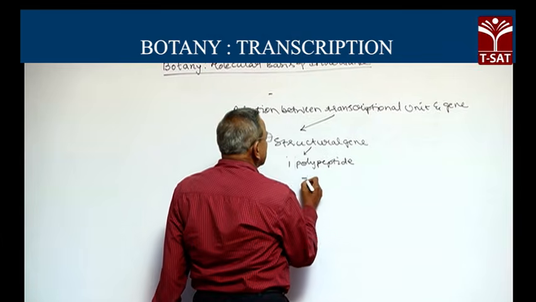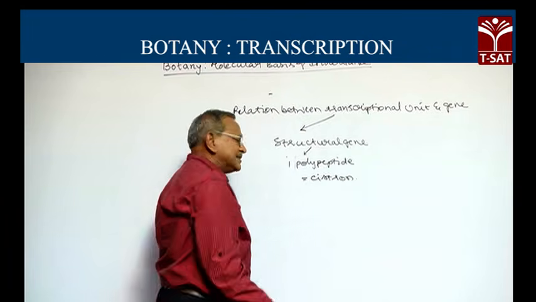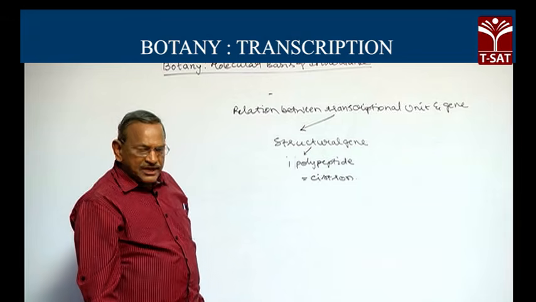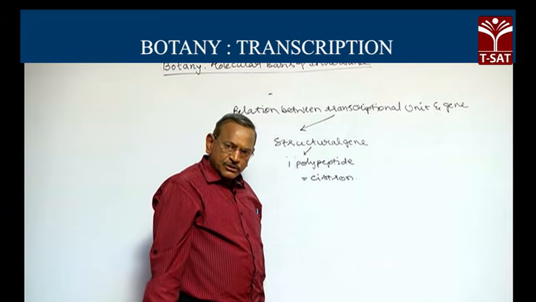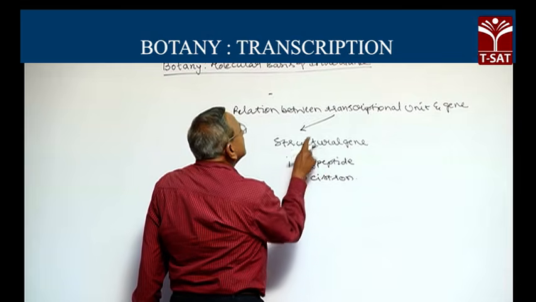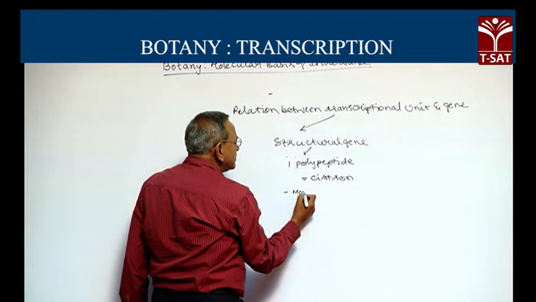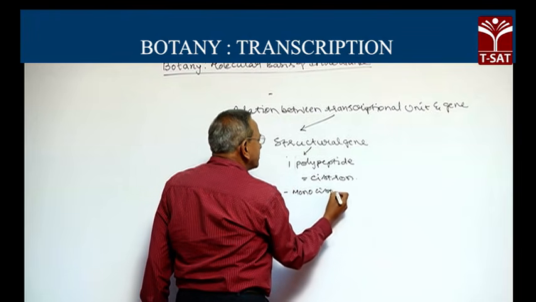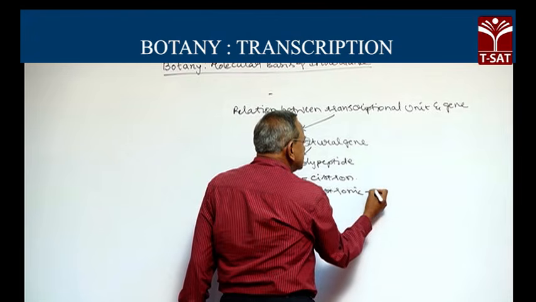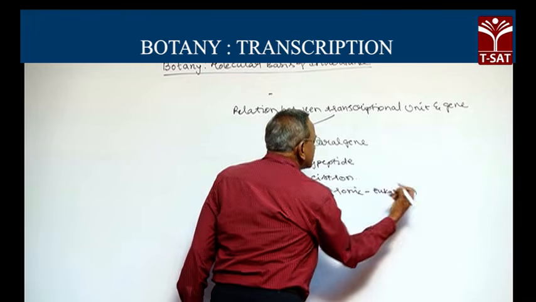This is normally called cistron. It has a promoter and a terminator. Promoter upstream, terminator downstream. Now, this kind of transcriptional unit is called monocistronic, and this is seen in case of eukaryotes.